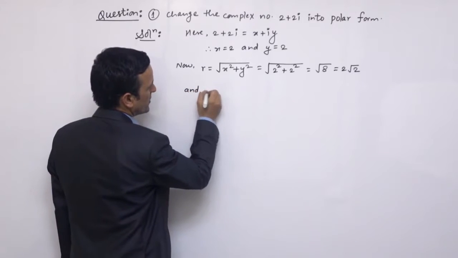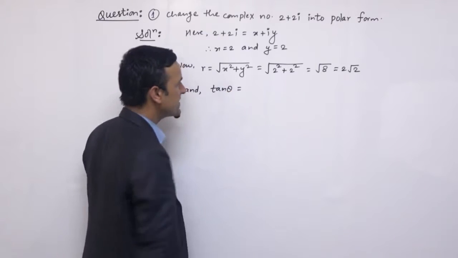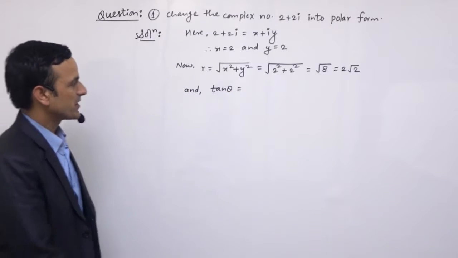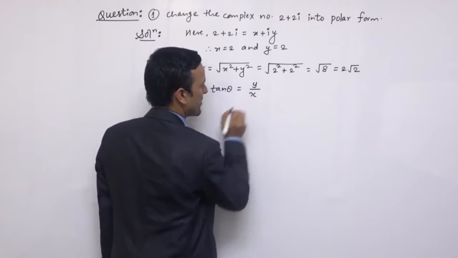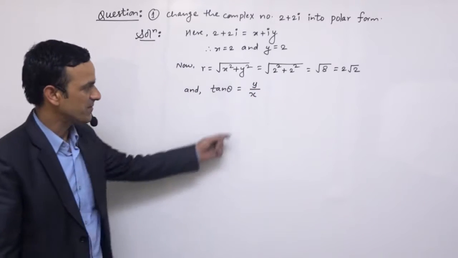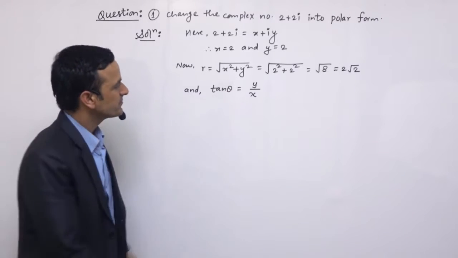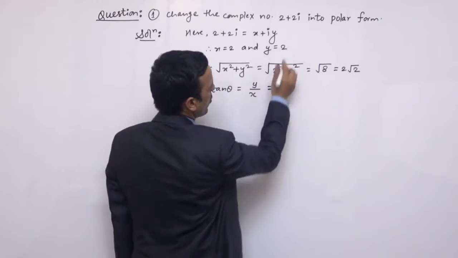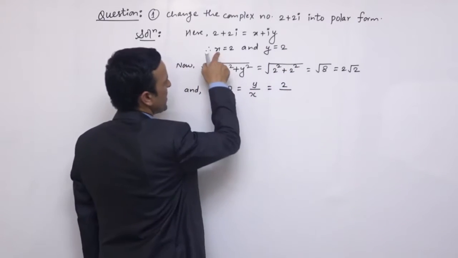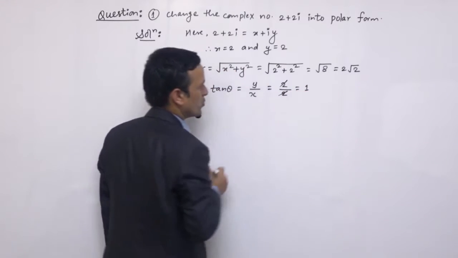And for theta, we have to find out the value of tan theta. Theta पत्ता लगाउनको लागि हामीसँग अर्को value छ. Tan theta is equal to y upon x. So this is the formula to find the angle, this theta. So let's substitute the value of y and x. y is 2, x is again 2. If you cancel this one, then this is 1.